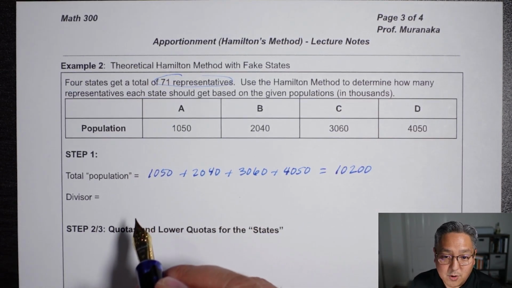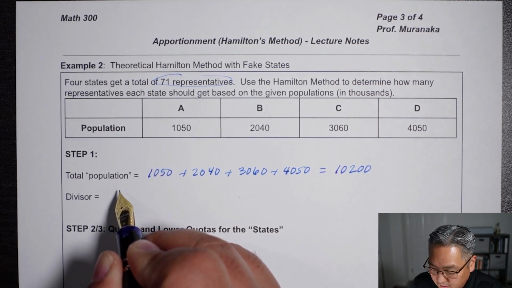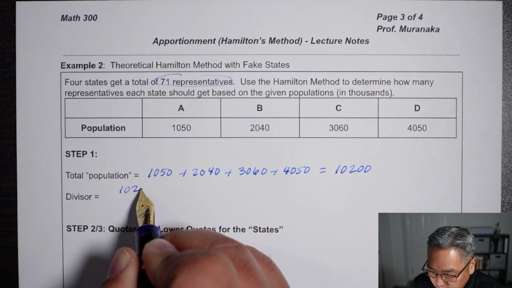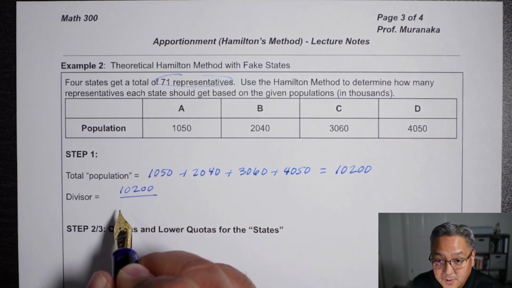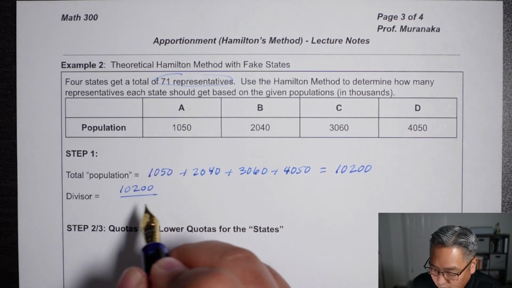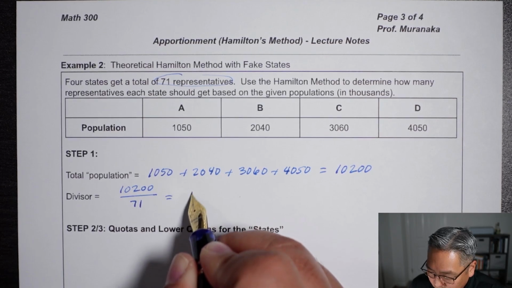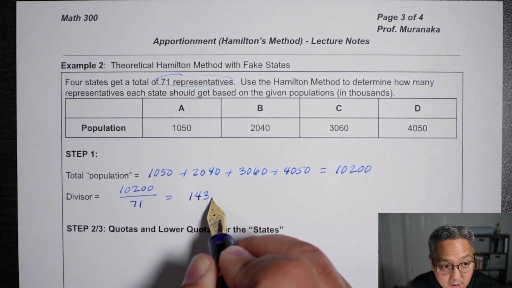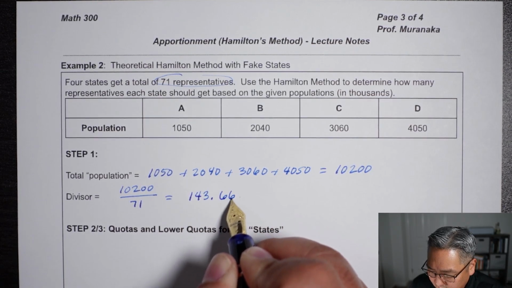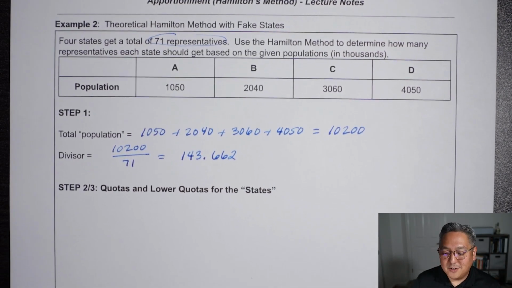We're going to find our divisor, which is going to be our total population that we just calculated, 10,200, divided by the number of representatives we were giving out, which was 71. And this is going to give us a kind of funky 143.662. Again, go through and type that stuff into your calculator.